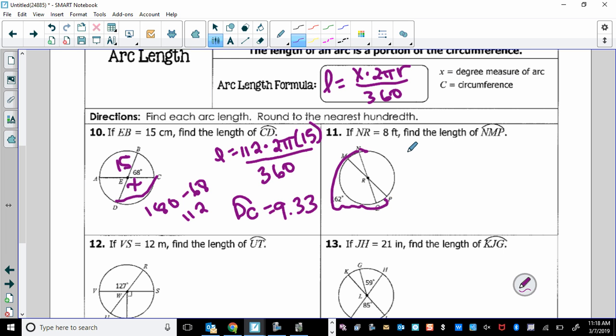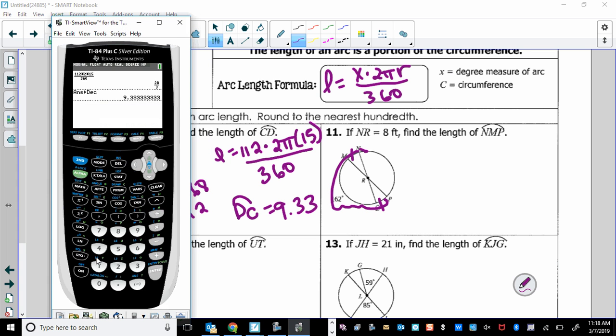Then 162 minus 180. I have to include this piece here, and this piece here. They're going to be congruent. So I will do 180 because I need to know the degree measure. 180 minus 162 gives you 18. So this is 18.